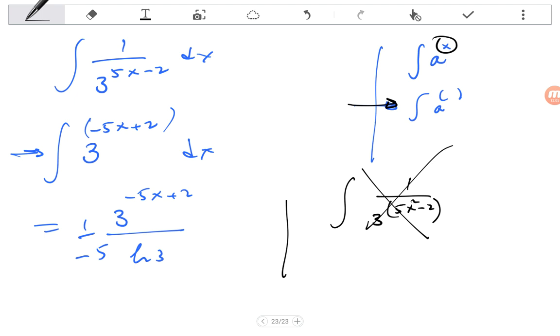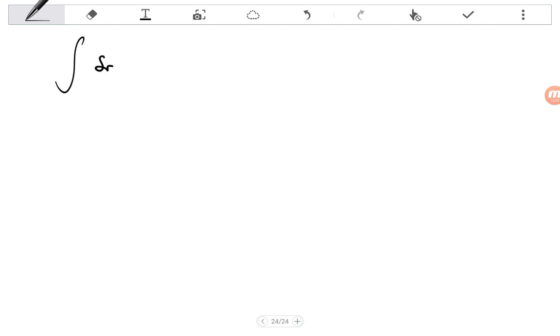We'll learn how to deal with the problem if I had, instead of x, some other expression. There will be something called a condition to manage to solve the problem. But until now we're just learning this skill: any rule in the table, replace x with just a linear expression. Okay, now if I said, for example, the integration of sine of 3x plus 2.